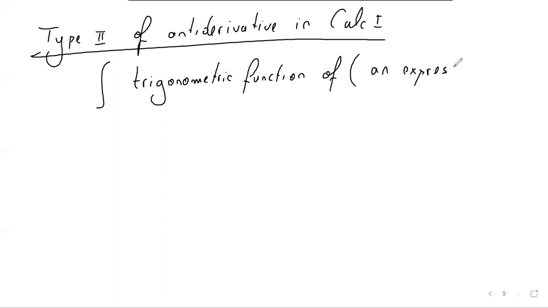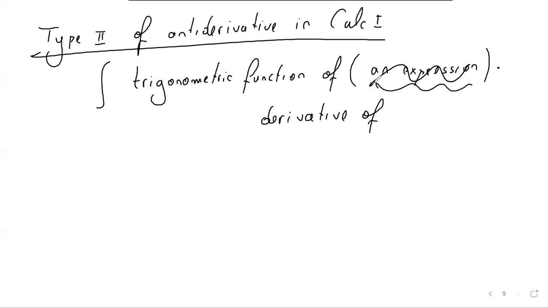Let's put expression times the derivative of that expression. So the expression times the derivative of, let's put here, instead of expression, let's put formula. So let's say formula, derivative of formula.